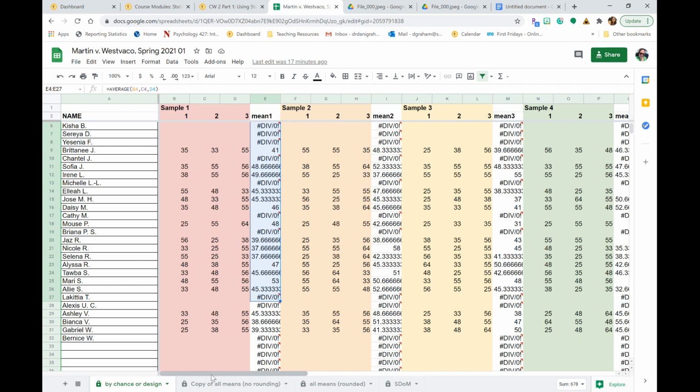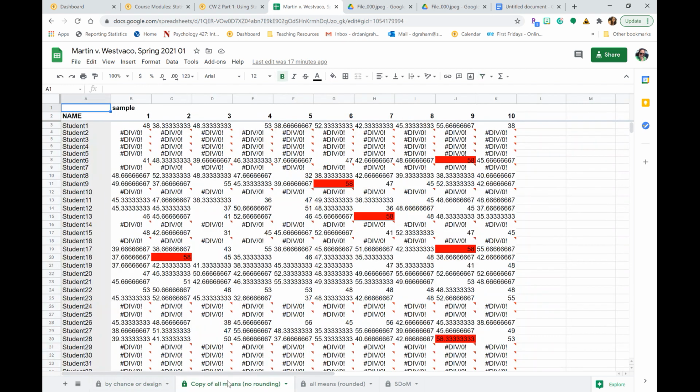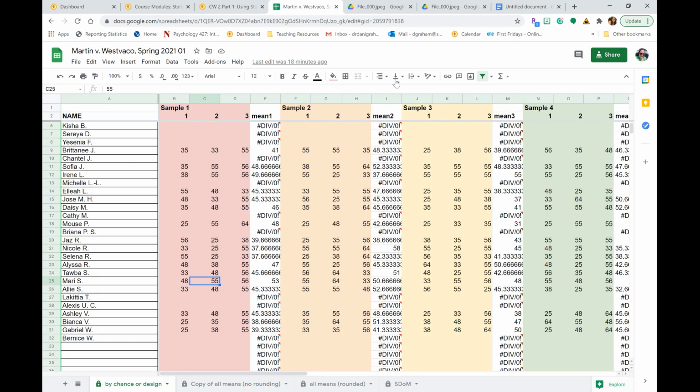And the next sheet we can see is called copy of all means, no rounding. This is if we just took that first column of sample means. So I'm talking about this first column of sample means.